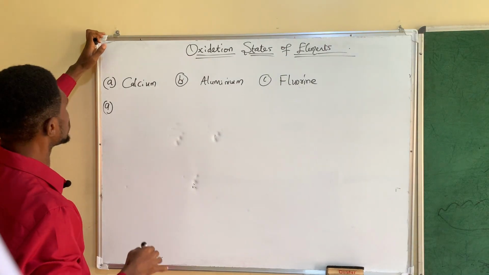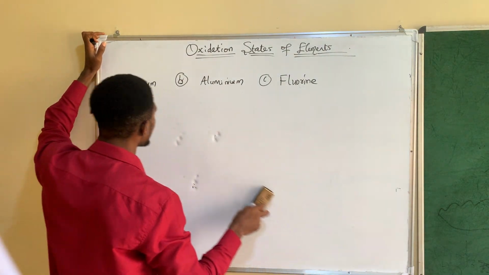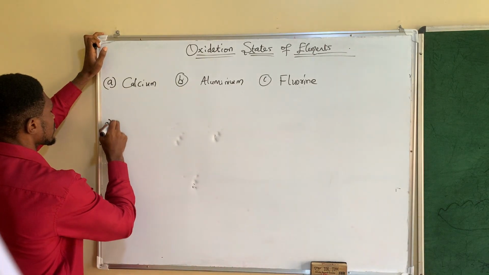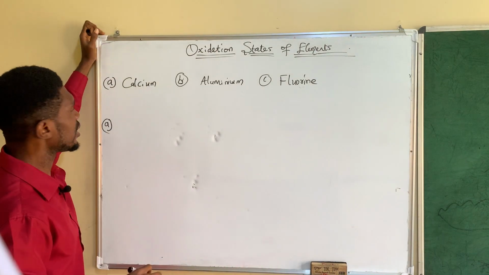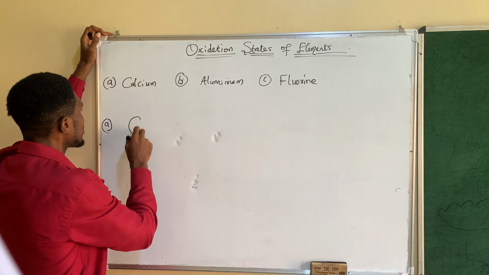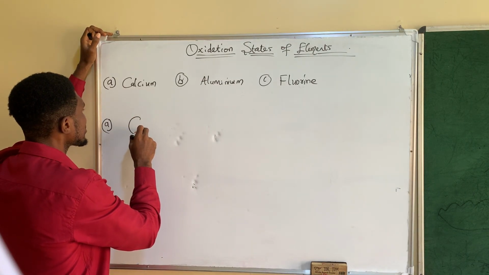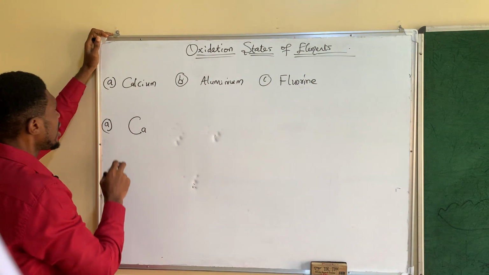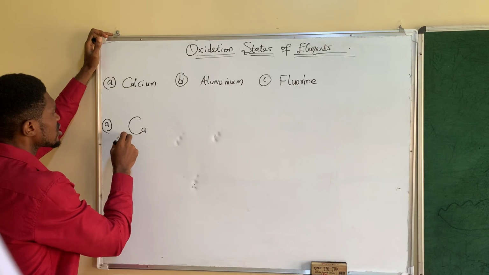What we simply do is to draw the electronic configuration of calcium. Calcium is represented by capital letter C and small letter a as a symbol. And the atomic number is 20.